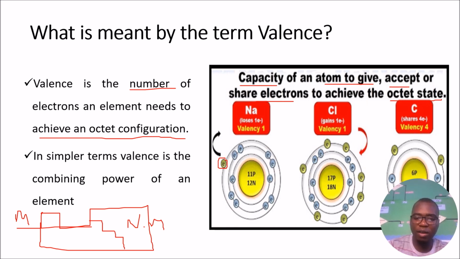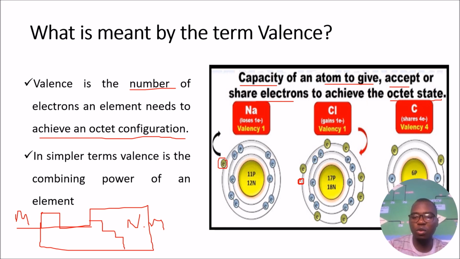But we also have elements that have a lot of electrons, like in the case of the non-metals. These ones are supposed to gain, because for example, chlorine here has 7 of them. So for it to be 8, it only needs 1 more. Therefore, it will be easier to gain that 1 than to lose the 7. In this instance, it will gain electrons, and we say it has accepted.